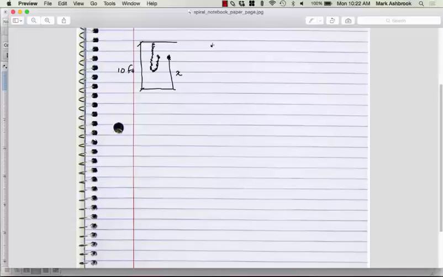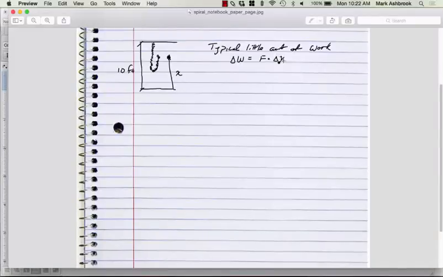So a typical little amount of work would be like delta W, okay? And we know that's going to be force times distance, force times a little bit of distance, right? So what would a little bit of distance be?